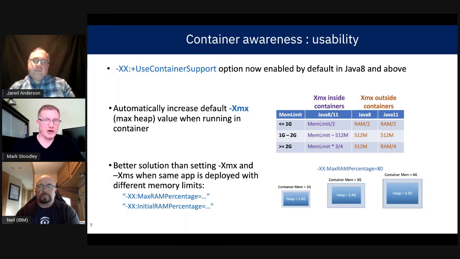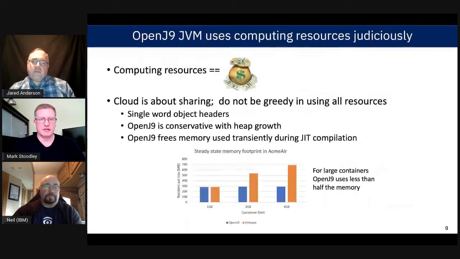Like if you allocate a lot of direct byte buffers, then you'll want to let the heap have less of the space in the container so that you have enough space for your direct byte buffers, etc. Or if for some reason you have a very large number of threads, you'll need memory to be allocated for those threads, for the stacks and everything. So it really is one of those numbers that varies a lot by your application. You're going to have to evaluate it for the memory uses that you have in your app. Okay, thanks.